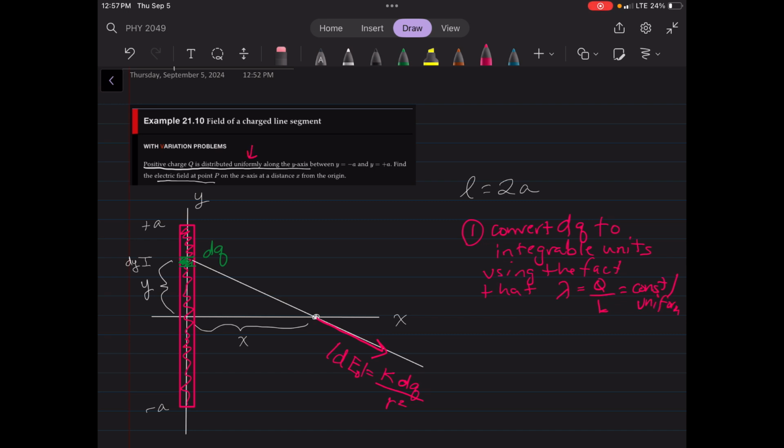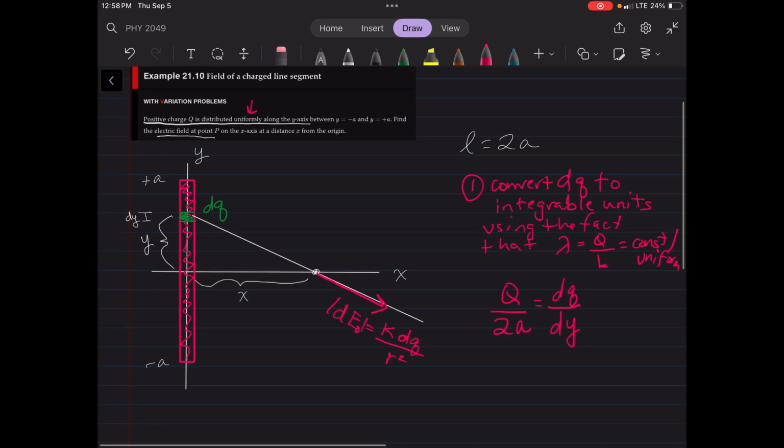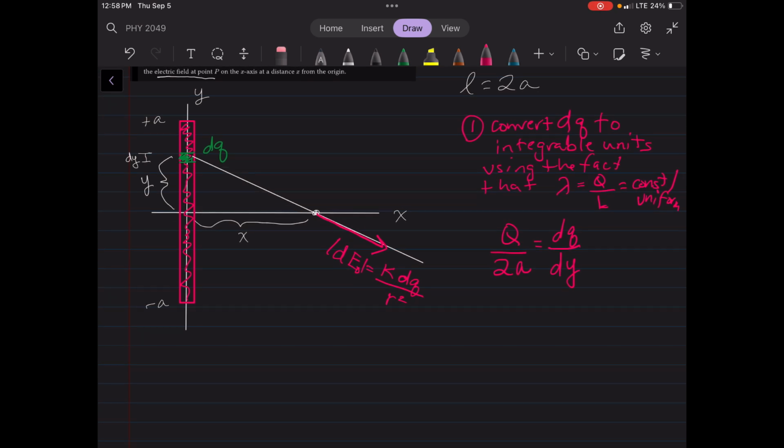Because that charge distribution is constant, the total charge over the total length is going to equal a number, lambda, which is also going to equal the little piece of charge divided by the little piece of length, because the ratio is constant, that ratio being lambda. With that, we can solve for dq in terms of some values. Q is known, the length is known, and then dy, which we know how to integrate.